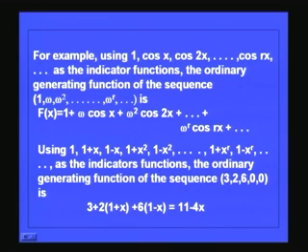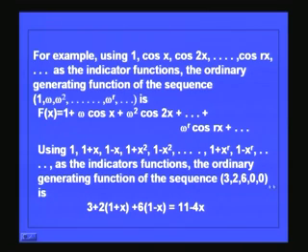Let us see, using 1 plus x, 1 minus x, 1 plus x squared, 1 minus x squared, etc. as indicator functions, that is 1 plus x power r, 1 minus x power r, and suppose you take the sequence 3, 2, 6, 0, 0. What will be the ordinary generating function? 3 into 1, 2 into 1 plus x, 6 into 1 minus x, 0 into 1 plus x squared, 0 into 1 minus x squared.